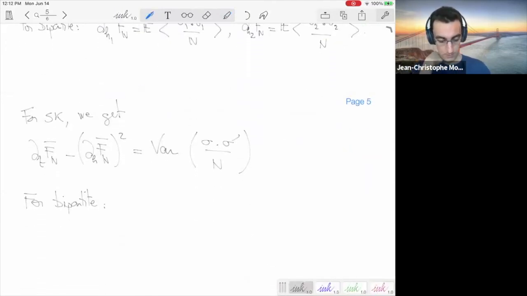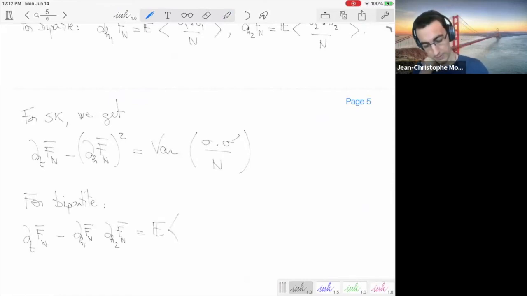Like this: dt fn bar minus dh1 fn bar dh2 fn bar equals, and I'm going to rewrite it like this. I'm going to emphasize that it's a covariance.